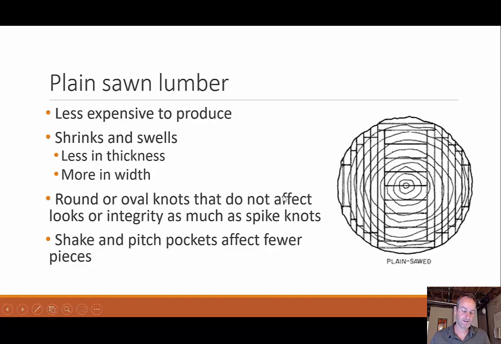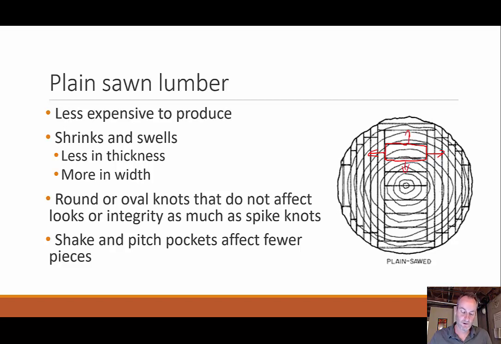So let's take a look at some advantages and disadvantages. Looking at plain sawn lumber, this is the less expensive way to produce your wood members. And if you think about the shrinking and swelling, what we said last time was that the wood tends to swell the most in our longitudinal direction, which would be this way, and less in our radial direction. So what does that mean?